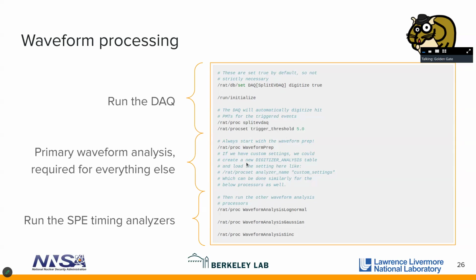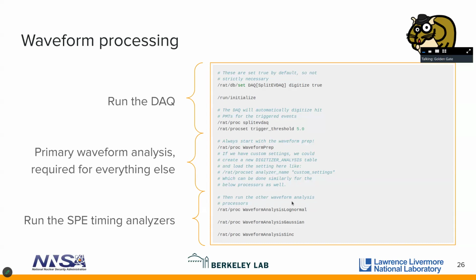We then run the waveform prep processor. That does, like I said, the simple processing of the waveform. And then there are several different higher level waveform analysis processors that you can run that will produce information by basically fitting or interpolating the PMT pulses to extract more precisely things like the arrival time of the photoelectron.